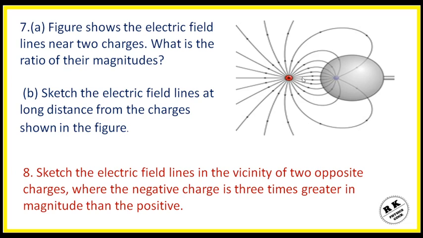So many lines are coming out from the positive charge, only a few are ending at the negative charge. In this question, it is given that the negative charge is 3 times the magnitude of the positive charge. You are supposed to draw field lines.